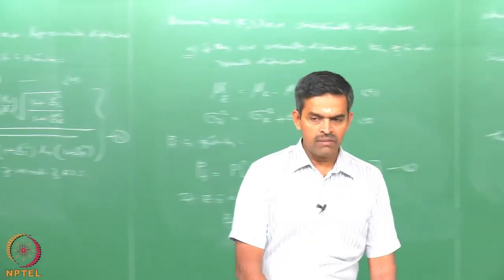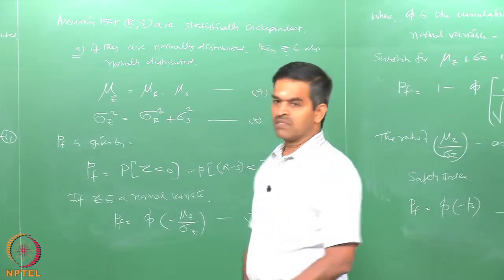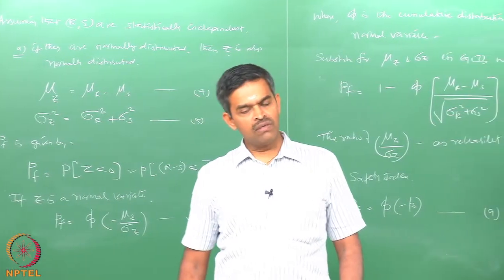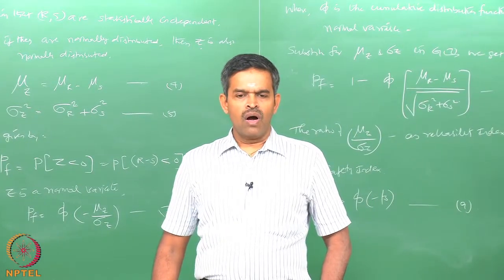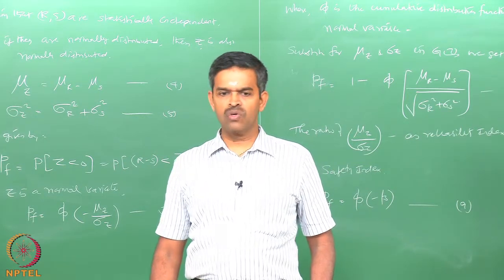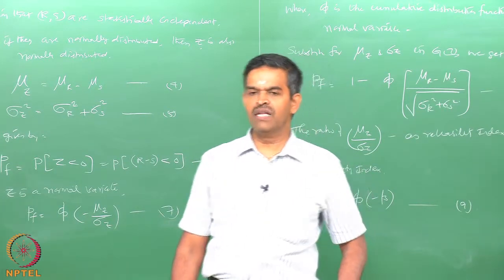Friends, I hope you understand. In this lecture, we have covered the important aspects of reliability methods. What are the constraints which govern the accuracy of the reliability method? How the choice of probability density function can also lead to accounting for various uncertainties at different levels in the analysis.